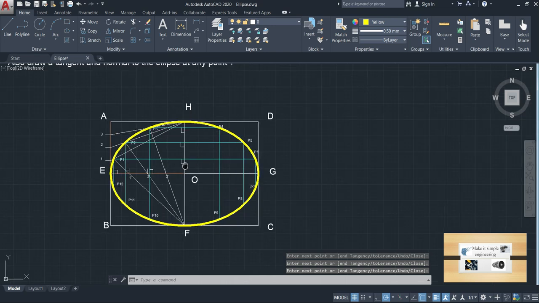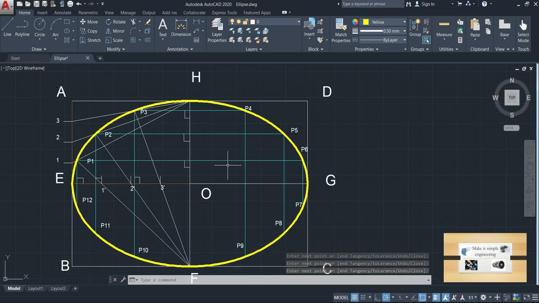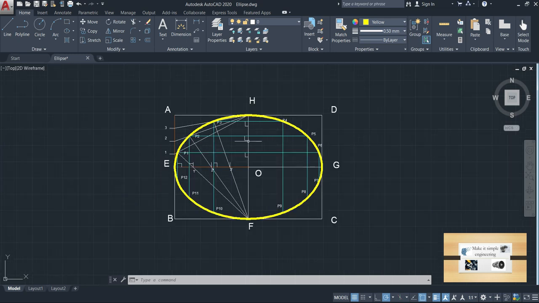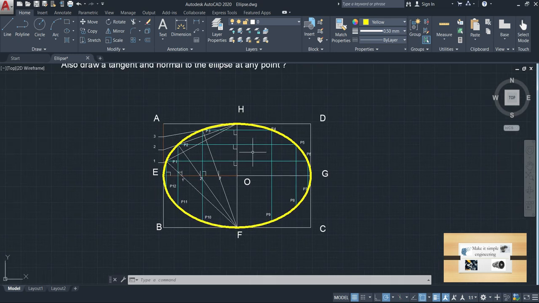So here you will get the required ellipse by connecting the points P1, P2, P3, P4, P5, P6 up to P12. This is how the ellipse can be drawn by means of the rectangular method.